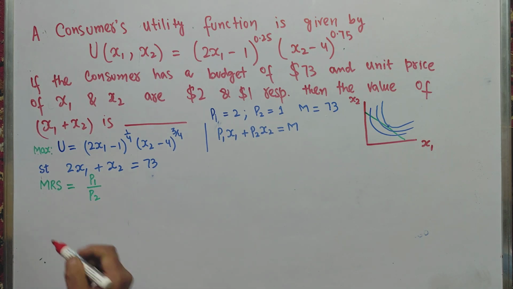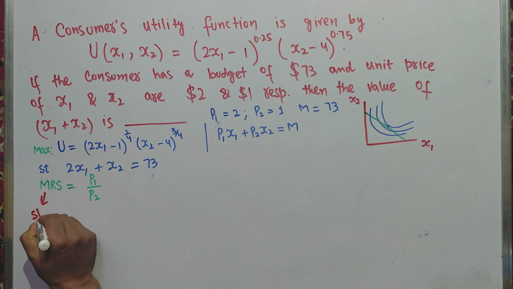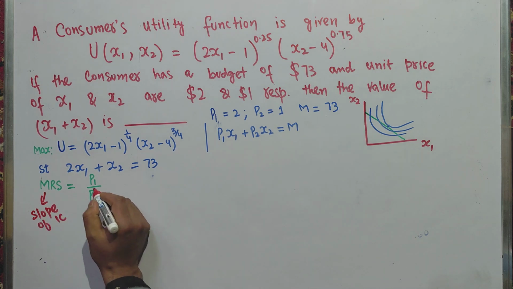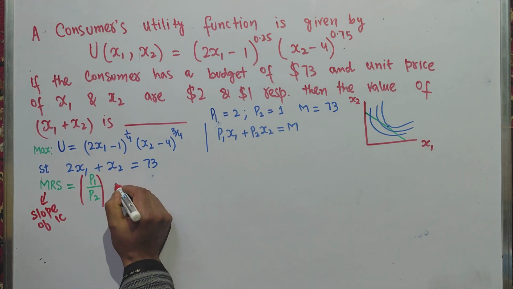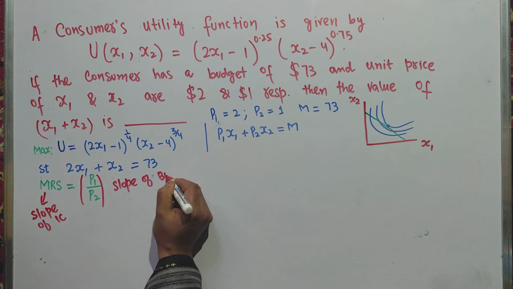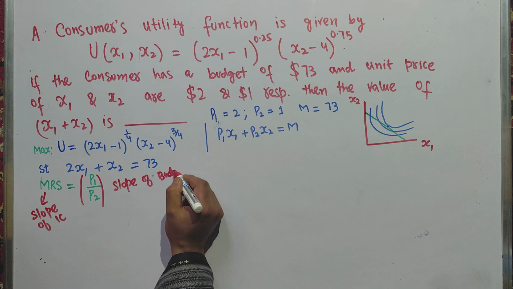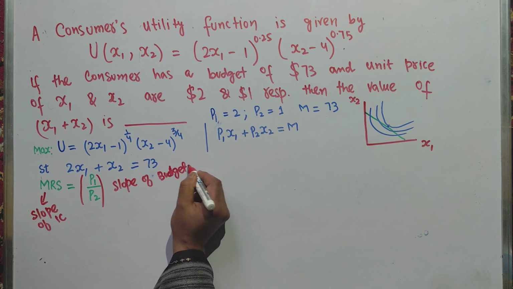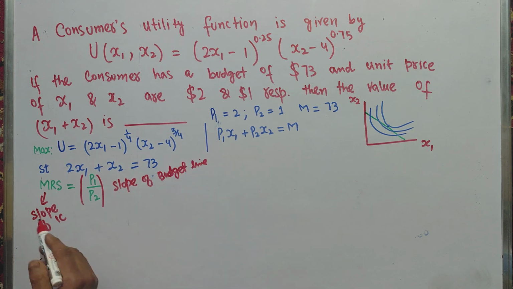Now MRS, as we know, denotes the slope of the indifference curve, and p1 upon p2 denotes the slope of the budget line.